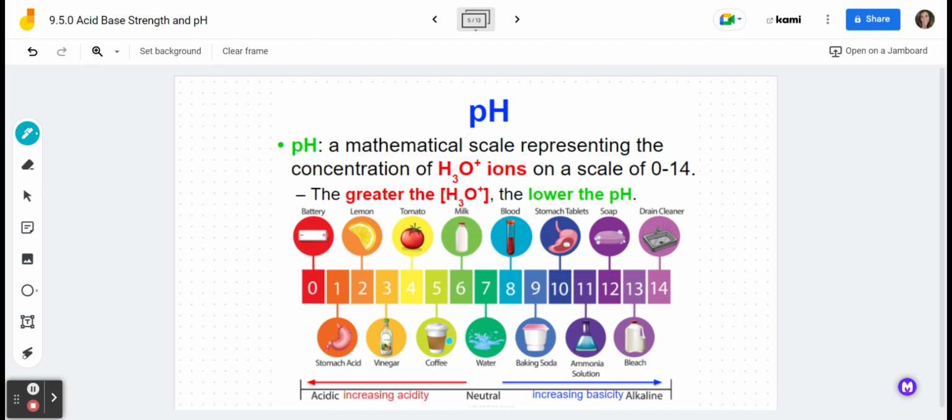It's 6 point something. And then when we get to the other side of the scale, where we have baking soda, blood, those are close, but they're a little bit alkaline or basic. Stomach tablets, soap, ammonia, bleach, we're getting pretty strong. And high in pH, drain cleaner is a very, very strong base at the end there.